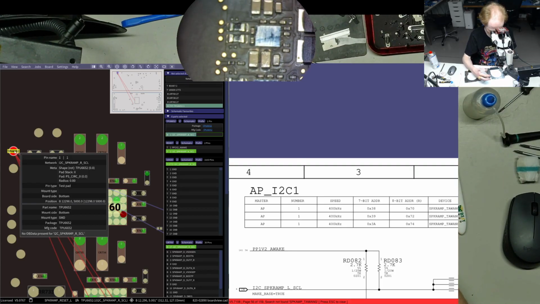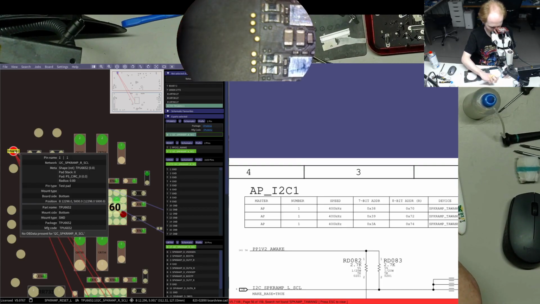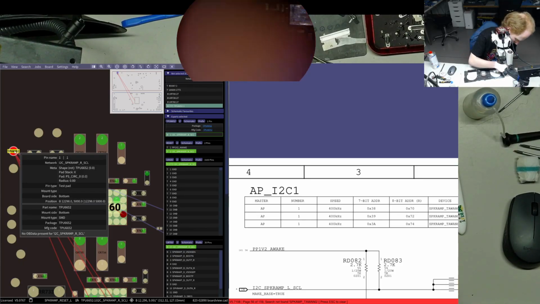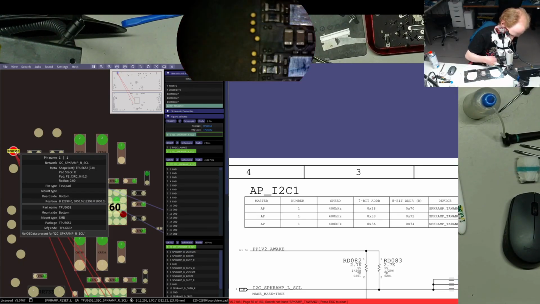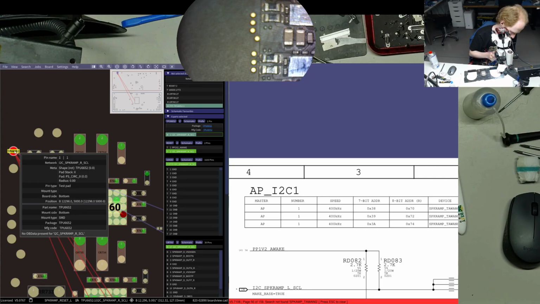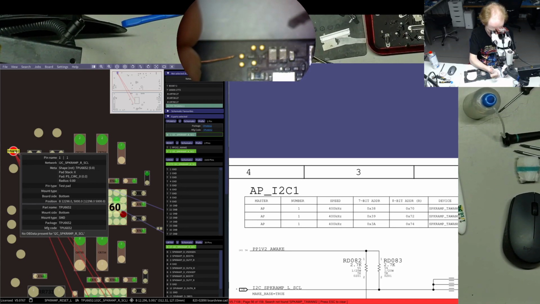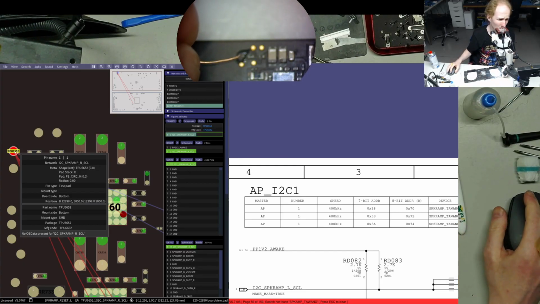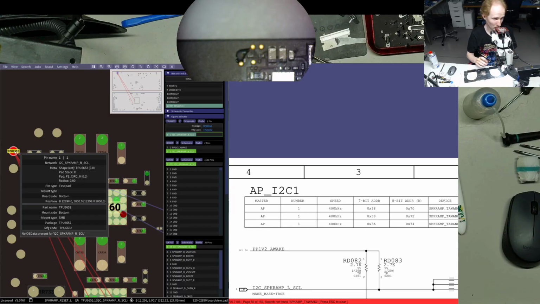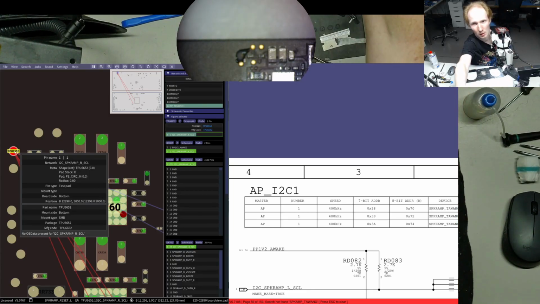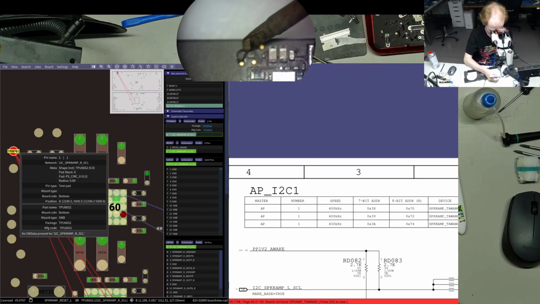Actually, I just thought maybe they would have the same addresses, because there's no reason to use different I2C addresses. Okay, so clock, data: green, yellow, and reset should be somewhere nearby.